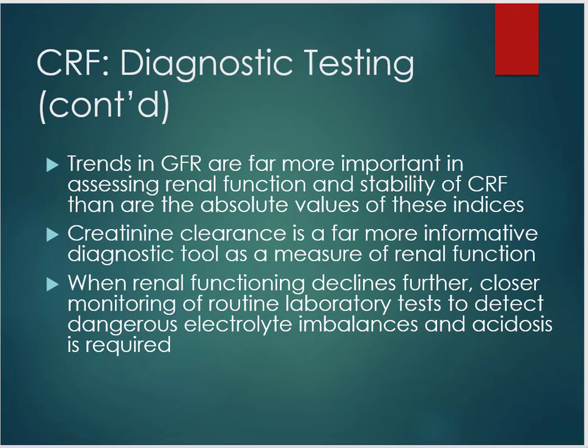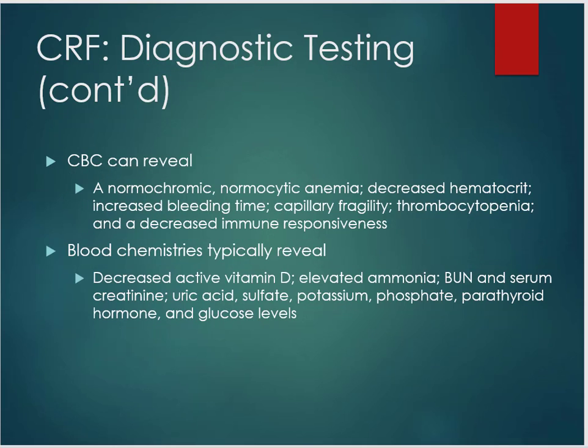So on testing your CBC, you may have some anemias going on and other blood cell issues related to the chronic renal failure. Your blood chemistries may show that there's decreased vitamin D, elevated ammonia, BUN, and creatinine, and elevated blood sugars.